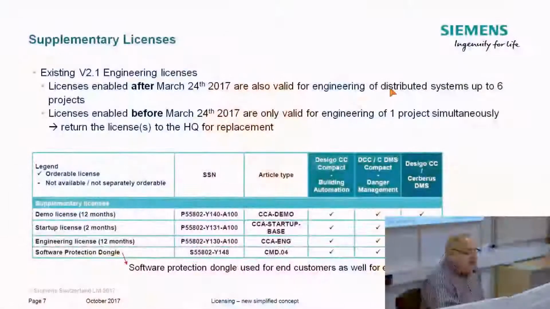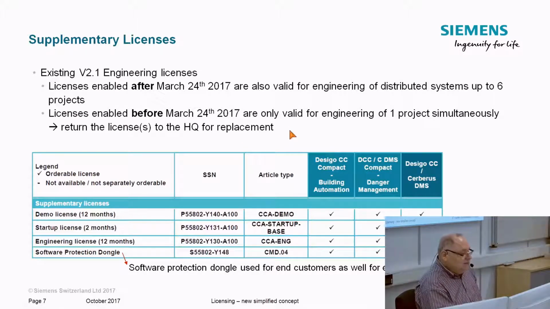If after March, then they are also valid for the engineering of distributed systems up to 6 projects. Otherwise, they're still supporting 1 project simultaneously. So you can return this license if you have enabled them before March. You can return to the headquarters and will be replaced. Okay? Just so you know.